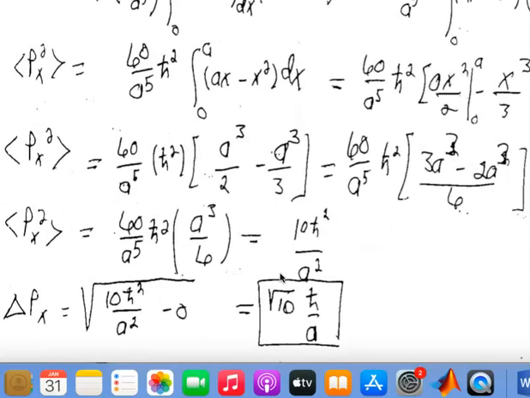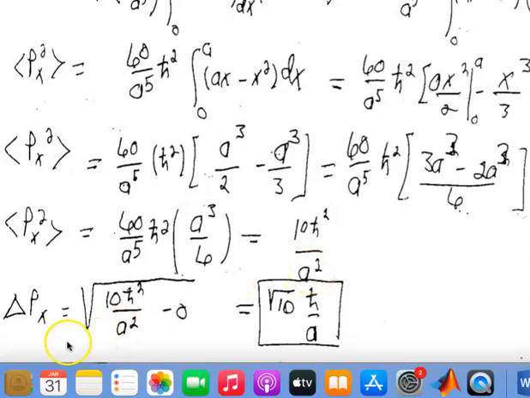Now you proceed to perform this integration. You evaluate it at the upper limit minus the lower limit. Because it's 0 at the lower limit in this problem, but in some problems it is not 0, so you have to be real careful. And now you find the expectation value of px squared as being 10 h bar squared over a squared.